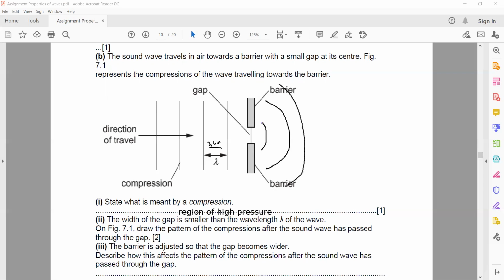So you have to represent maximum diffraction with equal spacing. The barrier is adjusted so the gap becomes wider. So now we adjust the barrier and the gap is wider now.